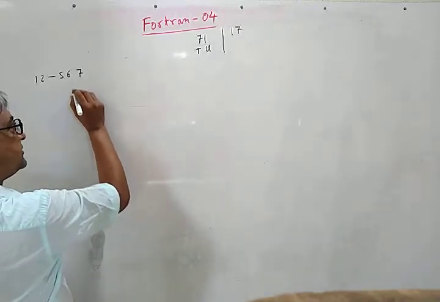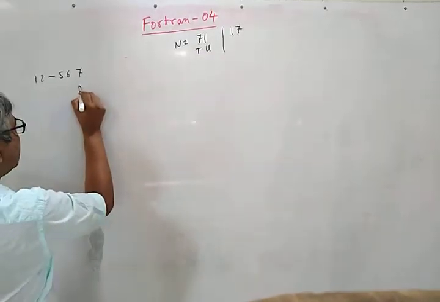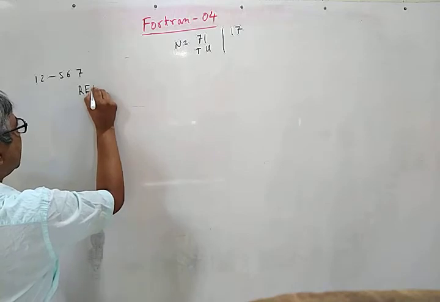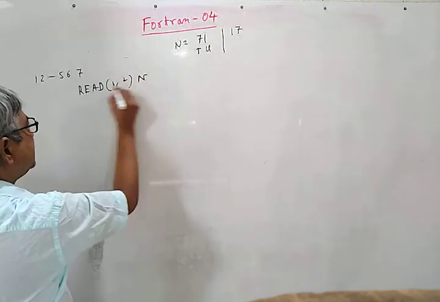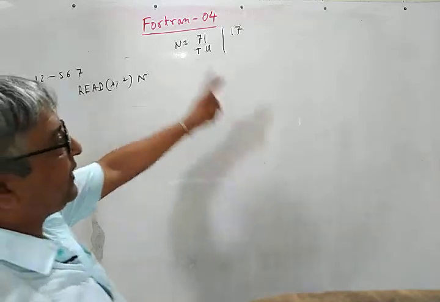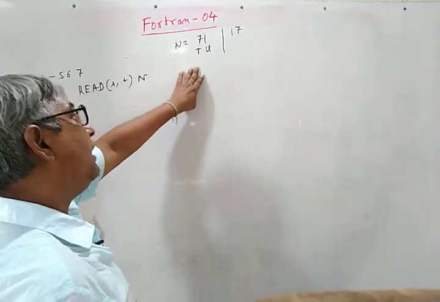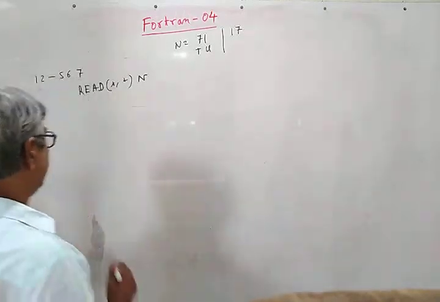First thing, we consider the number to be n. So we read n. Since the program I am going to write is for a two-digit number, it will fail for a number having 3 or more digits. So first the restriction has to be put.